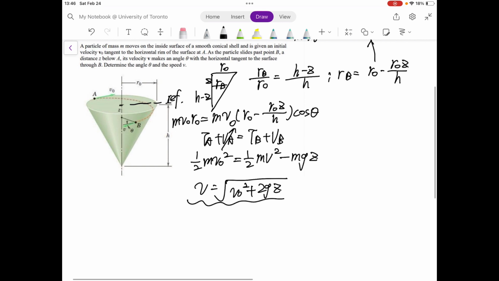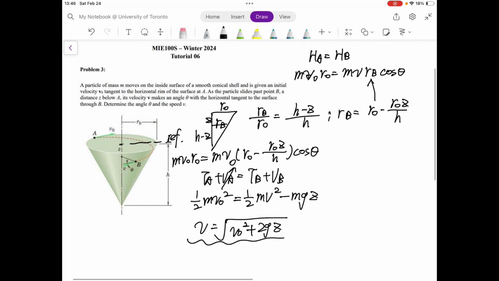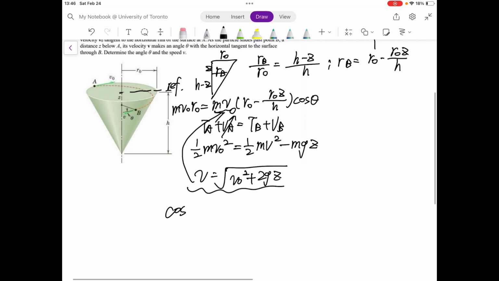For theta, we just put it into the equation, so we will get our cosine theta. The theta will be this equation.